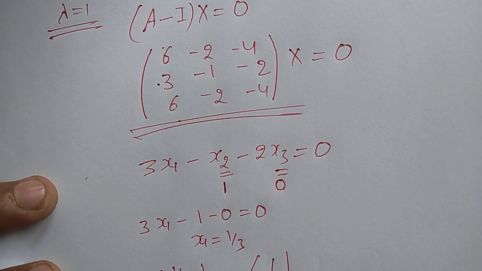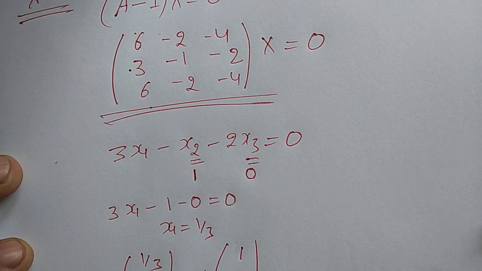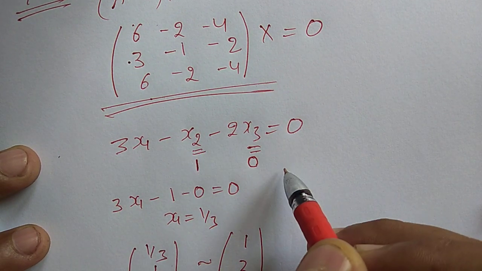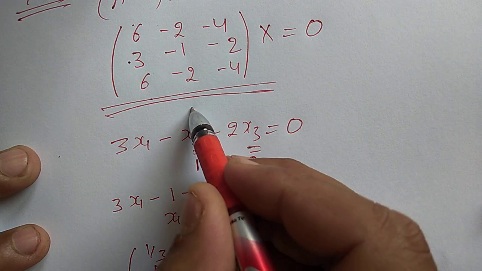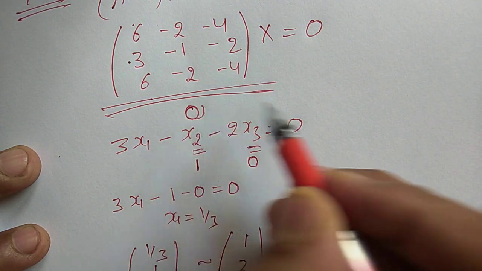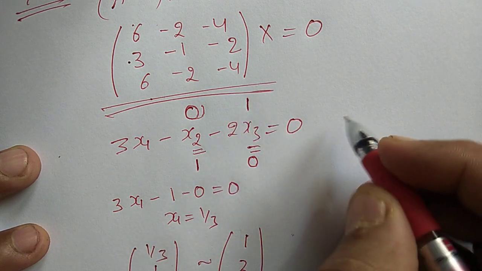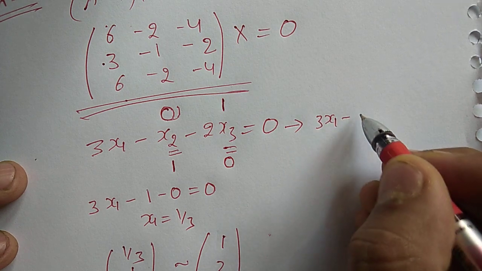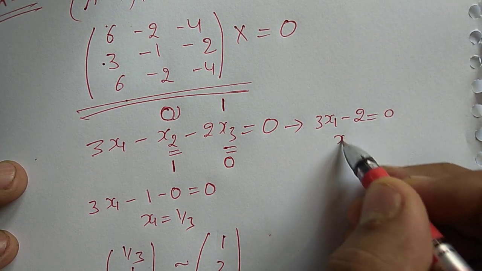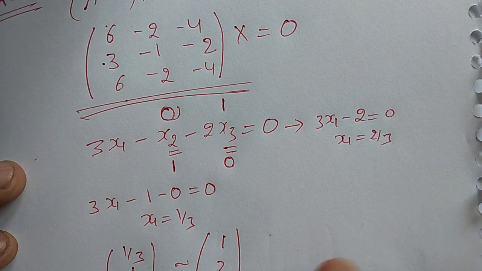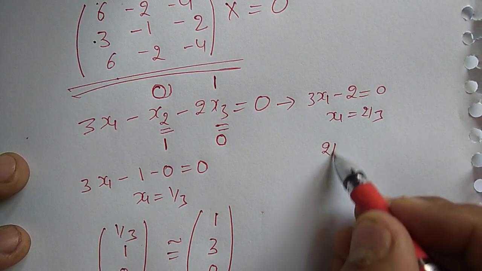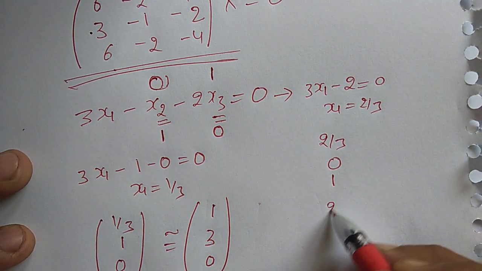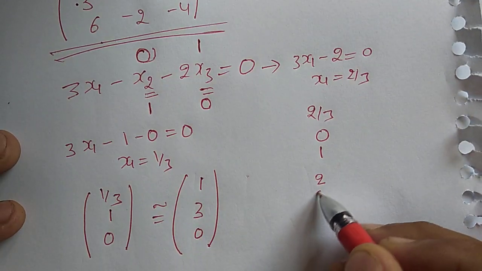Since there are two free variables, we can have two independent eigenvectors. Here I have taken x2 equal to 1, x3 equal to 0. In the second case, we take x2 equal to 0 and x3 equal to 1. From this we have 3x1 minus 2 equal to 0, so x1 equal to 2 by 3. So your eigenvector will be (2/3, 0, 1), or we can have (2, 0, 3).